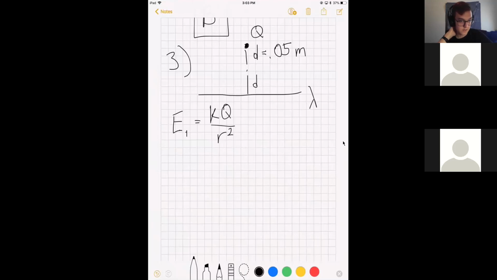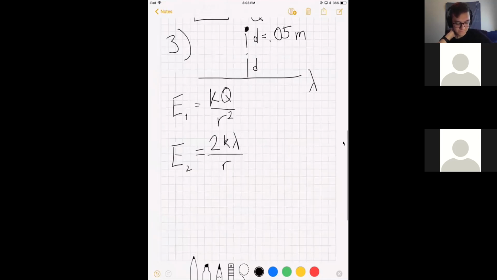This is on your equation sheet, so you don't need to write that down. E2 is the E field due to the line, and that's equal to 2K times lambda divided by R. Remember, K is the electric constant, 1 over 4 pi epsilon naught.